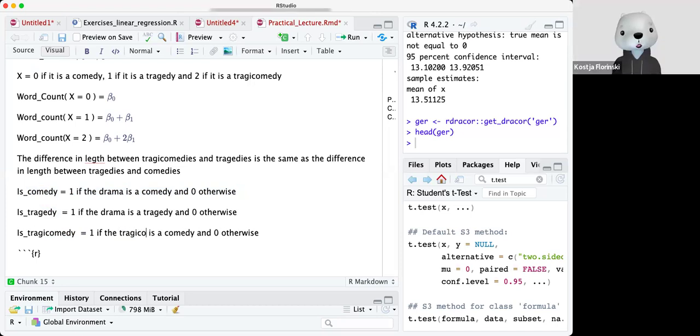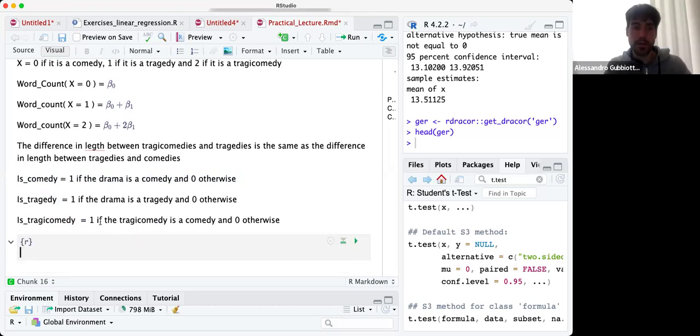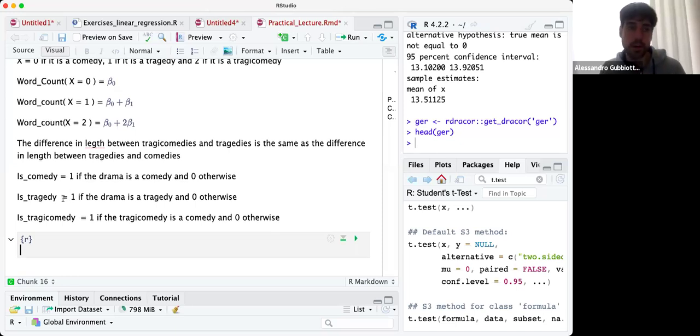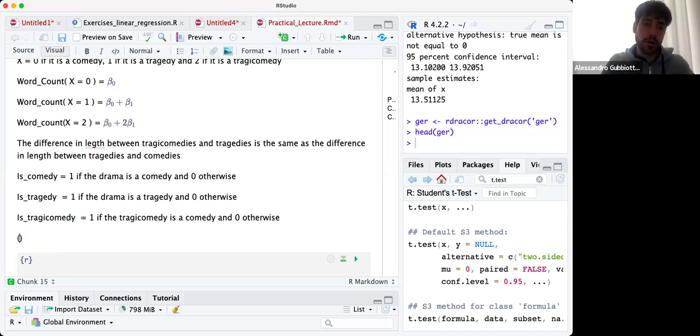Exactly, logically and mathematically, if it is not a comedy and not a tragedy, it is a tragicomedy. So from n possibilities we need only one less. If we have three possibilities, we need two dummy variables. This is the dummy encoding of a factor.